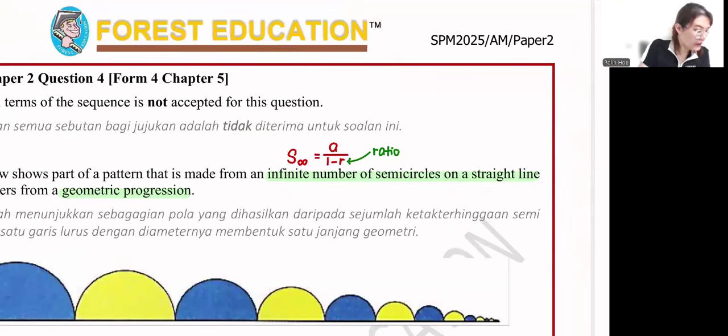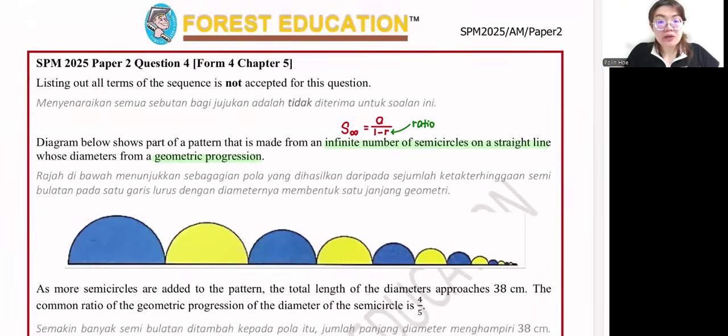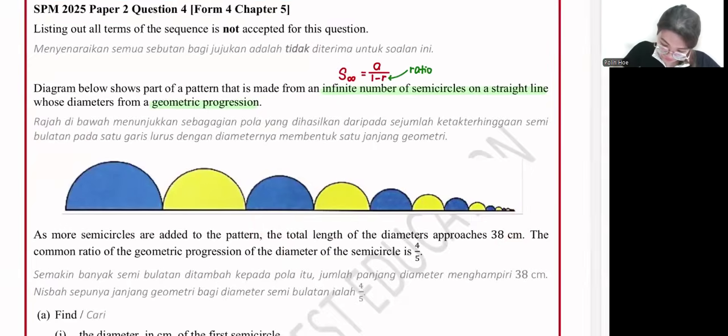Semicircles. As more semicircles are added to the pattern, the total length here, S infinity of the diameters, approaches 38 cm. S infinity equals 38.